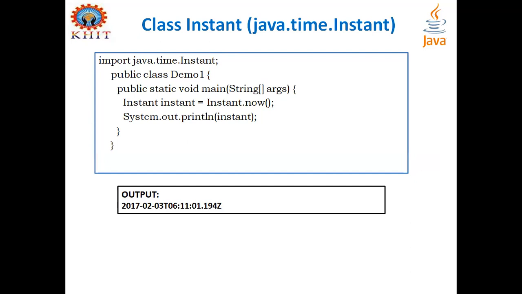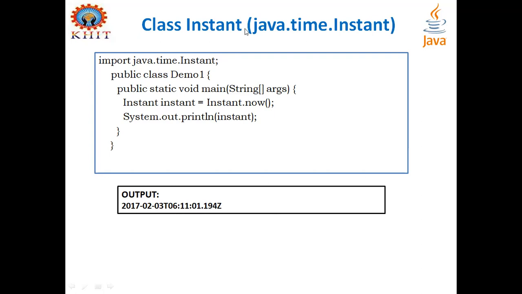Import java.time.Instant, and in the main class Demo1's main method, I create an Instant object with Instant.now. It returns the current date and time into this object, and we display it. So it simply displays on the screen with this timing value, like this.